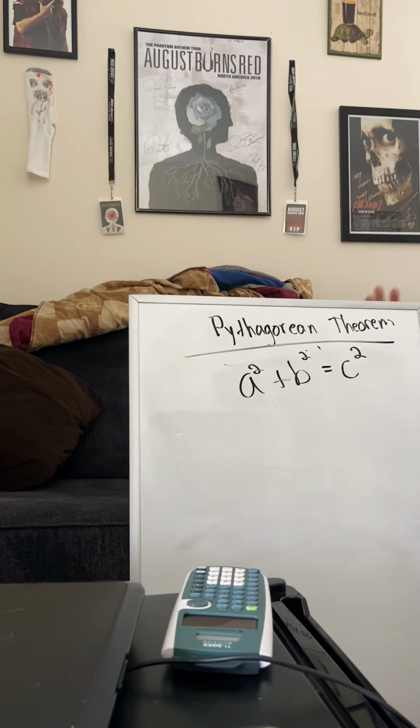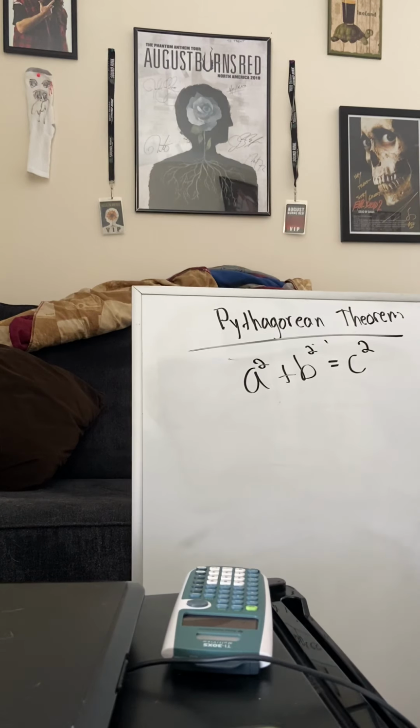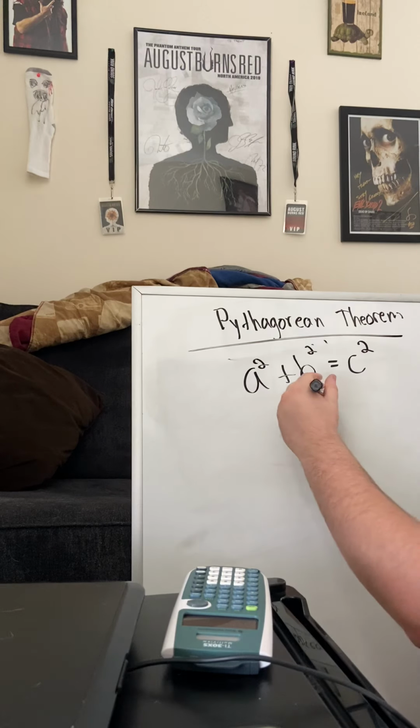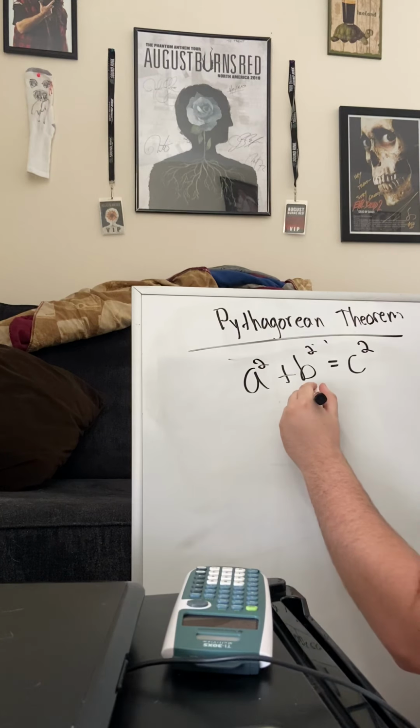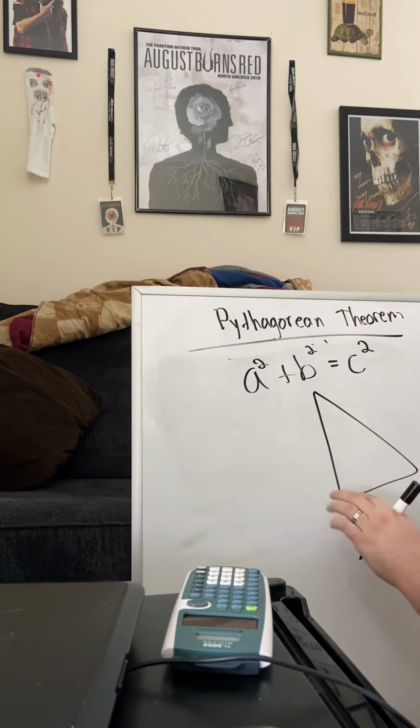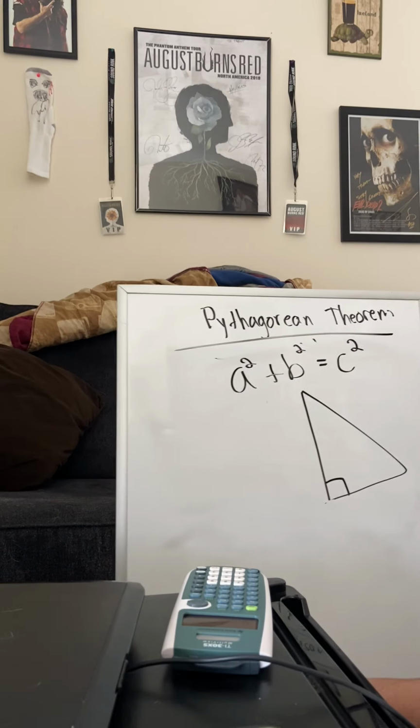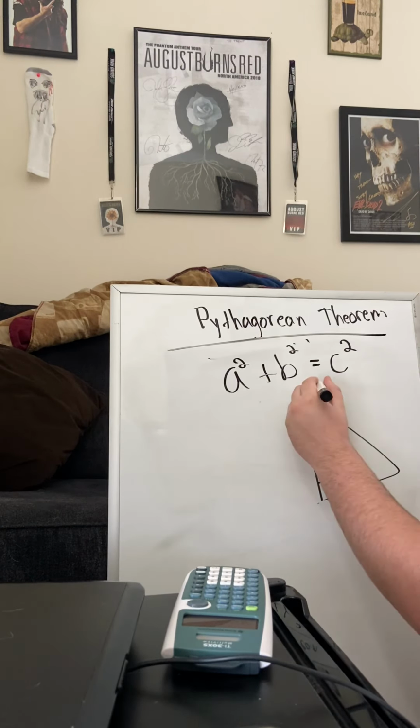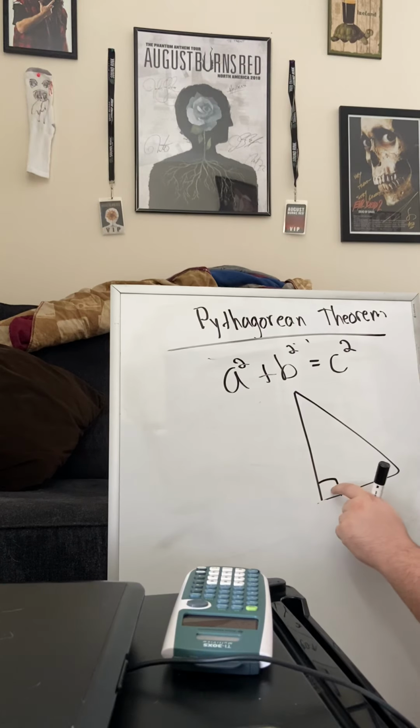Now, with this, a, b, and c all mean different things, okay? So let's draw out our triangle. Right angle is right here, okay? Now, the side that is opposite of the right angle is this side, right? Here's my right angle.